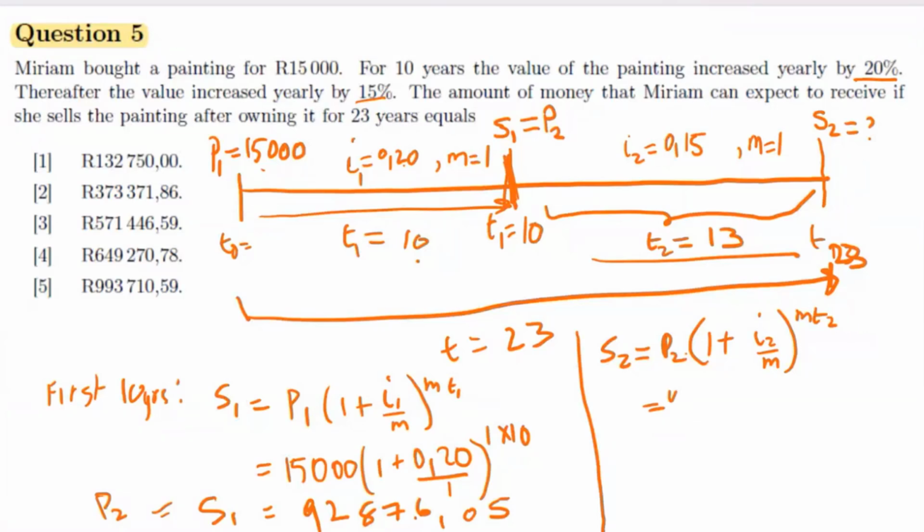So this is going to be equal to 92,876.05 into 1 plus the interest rate for this period, which is 0.15, and then I divide here. Your M is equal to 1, so I'm going to have 1 here, and then I am going to raise this thing to 1 multiplied by T2, which is not 23, guys.